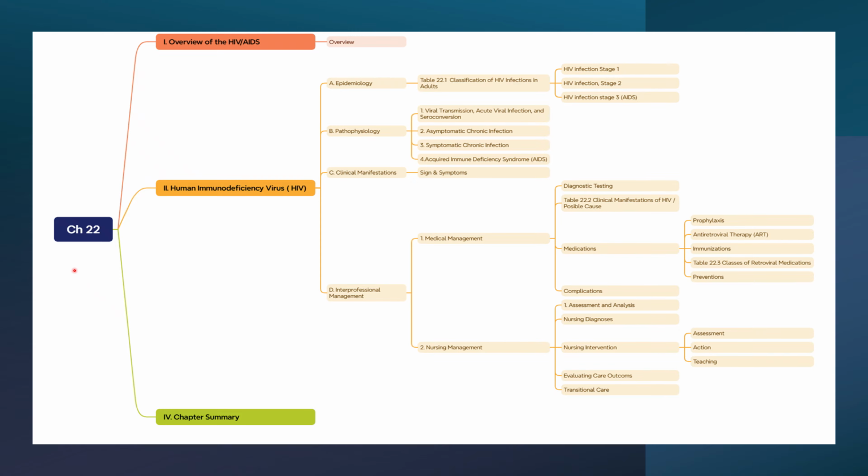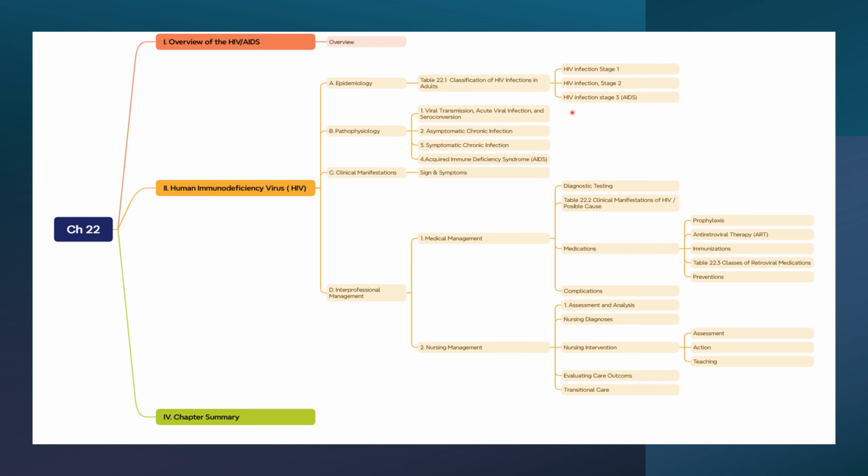Chapter 22, and I just talked an overview about HIV and AIDS earlier. Now we're going to move on to the big section of the chapter, the HIV and AIDS patho and clinical manifestations. Here are the interprofessional management with nursing and medication diagnostics.